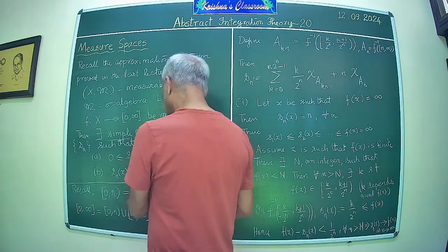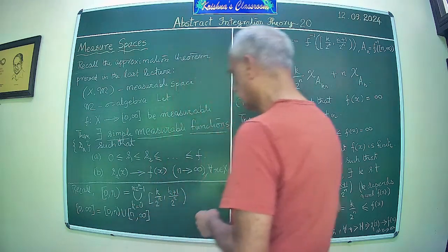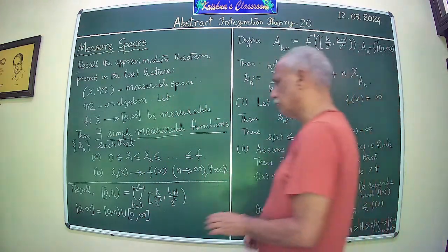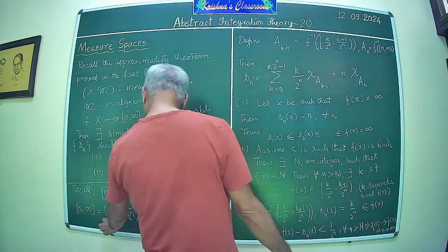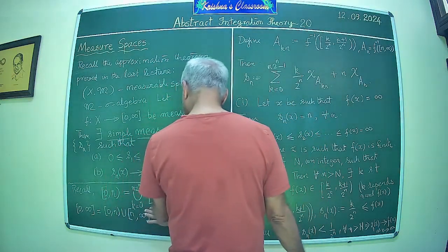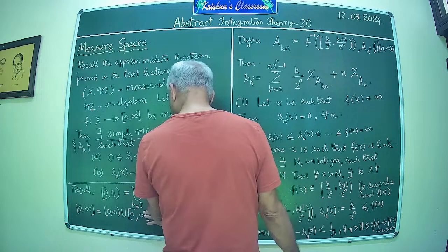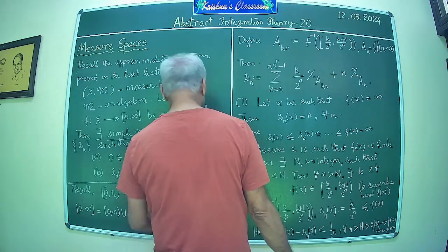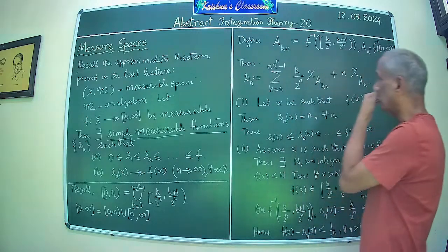These are all disjoint intervals. So the whole [0, infinity) can be written as the union of this set of intervals along with the interval [n, infinity).